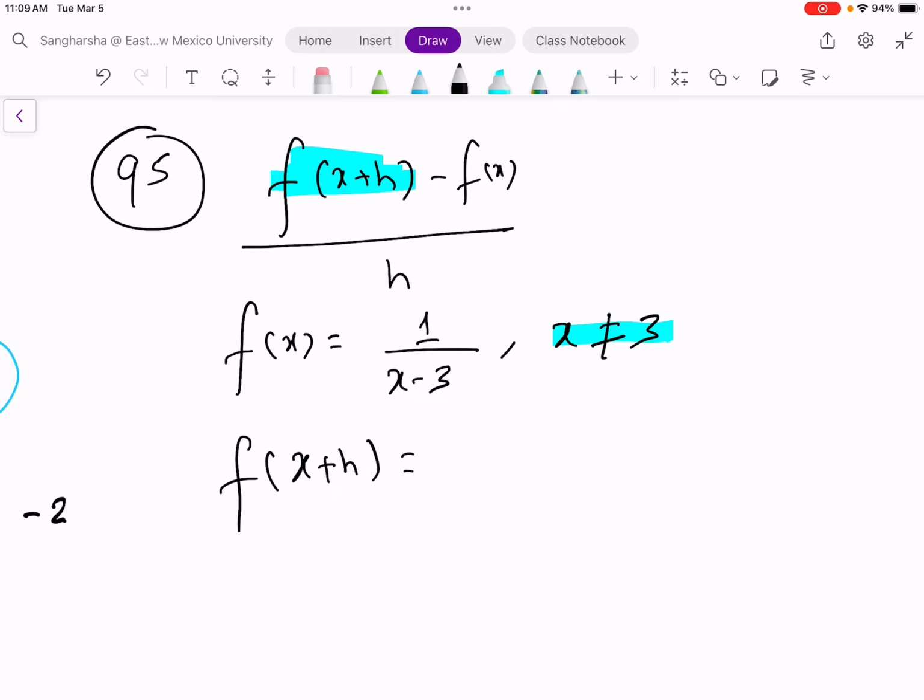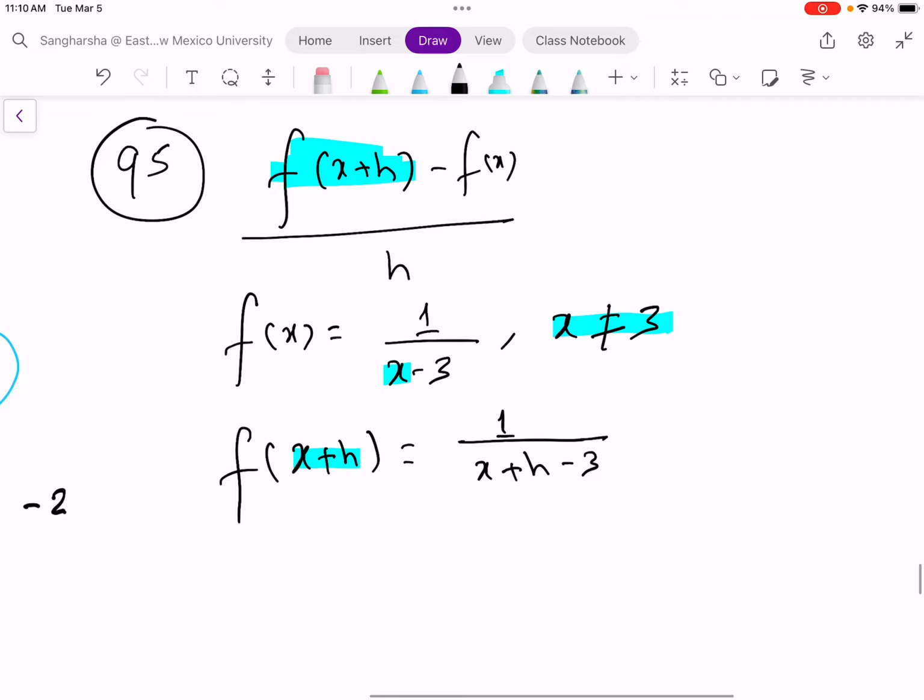We have x plus h for every x in your f function. So we have 1 in the numerator as it is, and for this x, we substitute x plus h. So we have x plus h minus 3. Okay, so this is our f of x plus h.